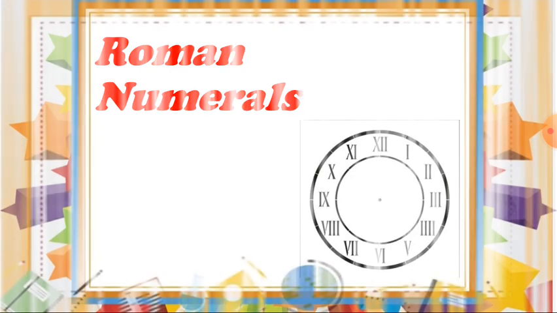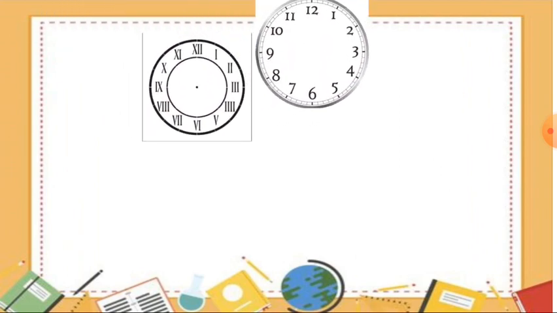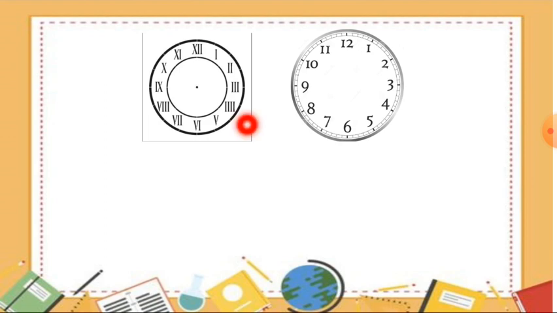Now students, moving ahead, can you see the two watches on the screen? The first watch has the Roman numerals and the second watch has the international numbers. If you notice, on the Roman numerals watch, what is used to denote 1?